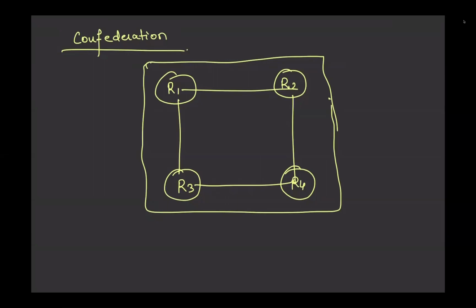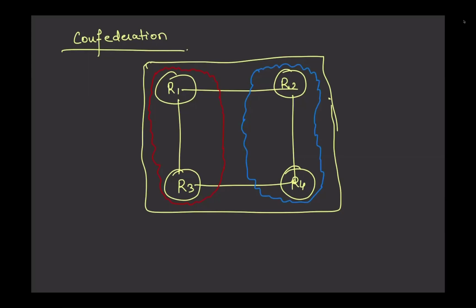For example, I could take 3 routers as well, but I am just taking 2 routers in one of my confederation sub ASs.